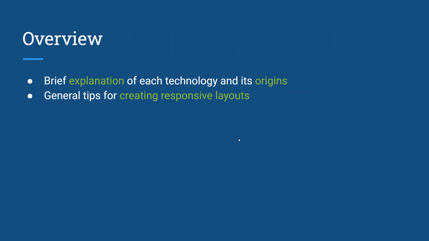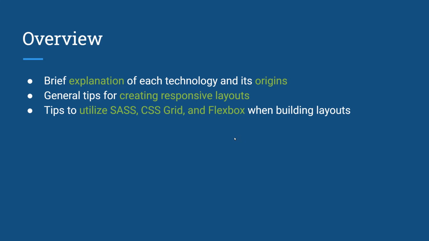So just broad advice for when you're starting out creating a layout, how to start and how to think about it. And then a couple of tips to utilize Sass, CSS Grid, and Flexbox when you're building layouts. So more specific advice and some code snippets that I've found very helpful during my time in front-end development.